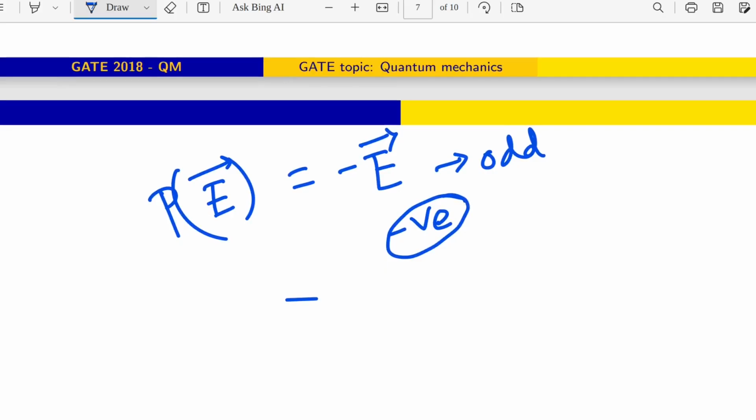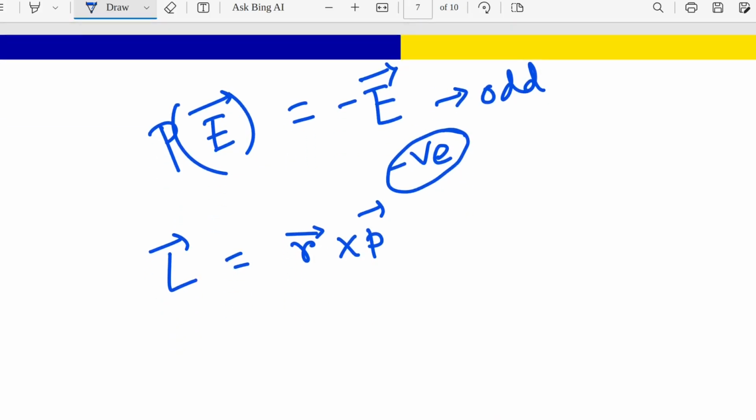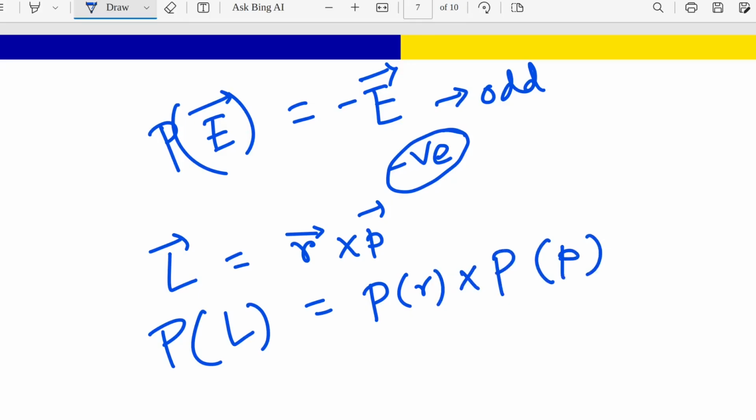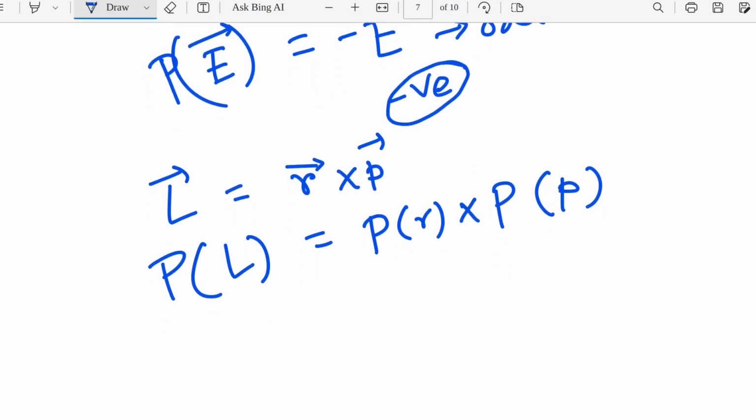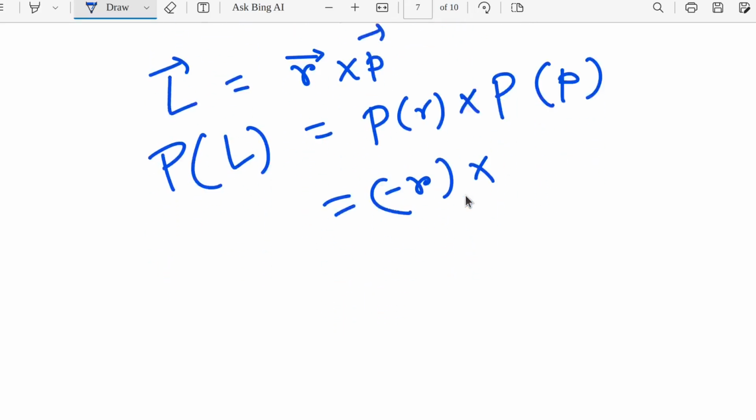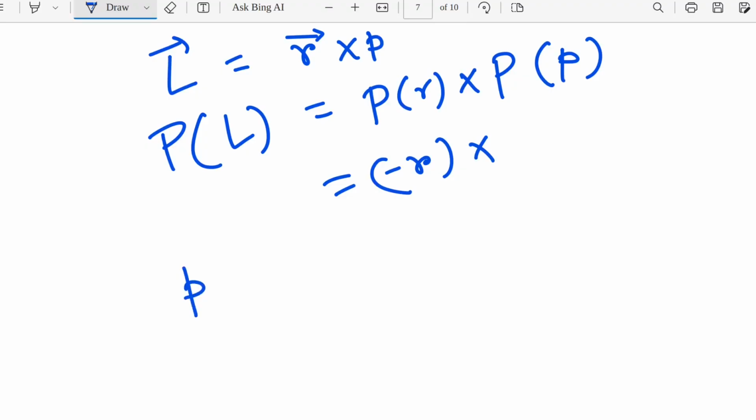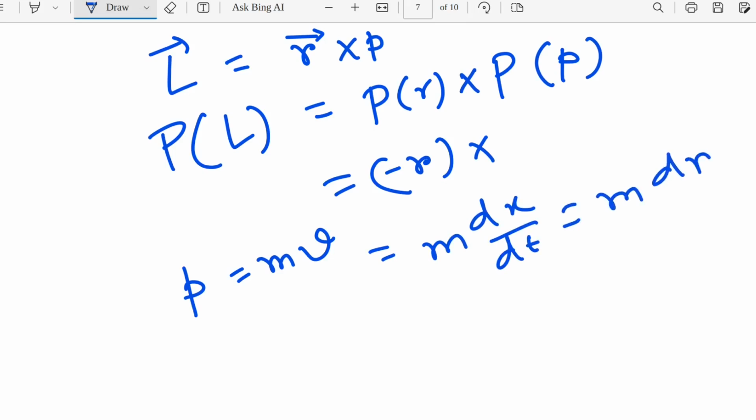Now coming to angular momentum. Angular momentum is an axial vector, and I can write angular momentum as R cross P. When applying P on L, we need P on R and P on the linear momentum. P of R is giving minus R, and P of P is giving what? P is a vector, and P can be written as mv, so it is m dx dt, or in our notation m dr dt.